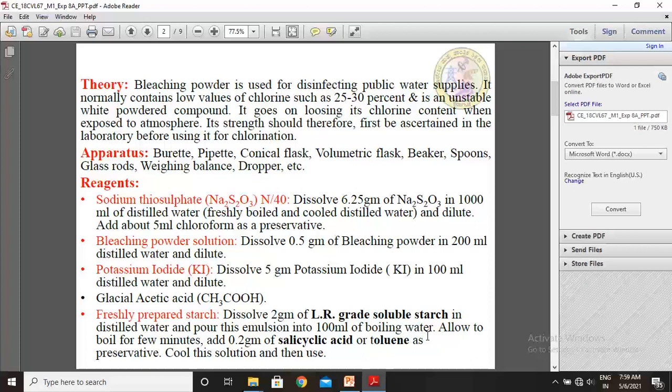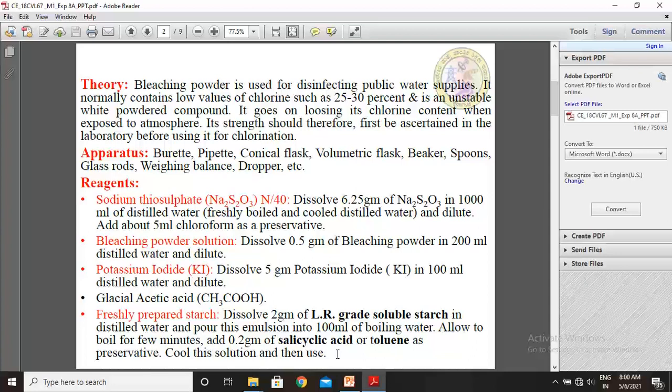Allow to boil for a few minutes. Add 0.2 gram of salicylic acid or toluene as preservative. Cool this solution and then use. So now we are getting freshly prepared starch.